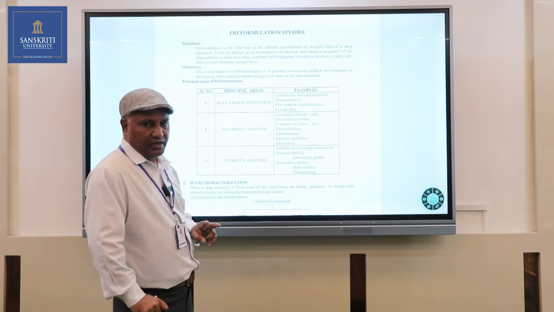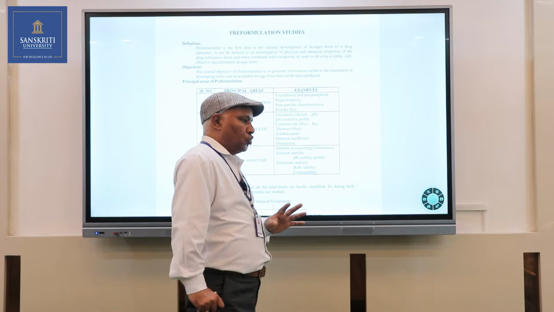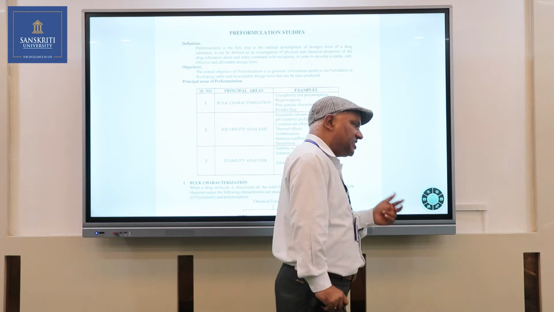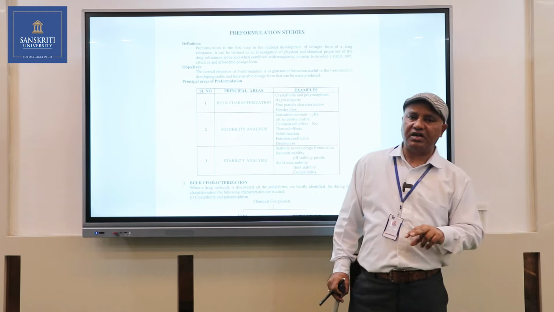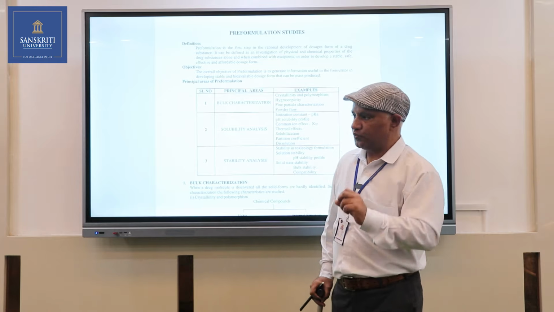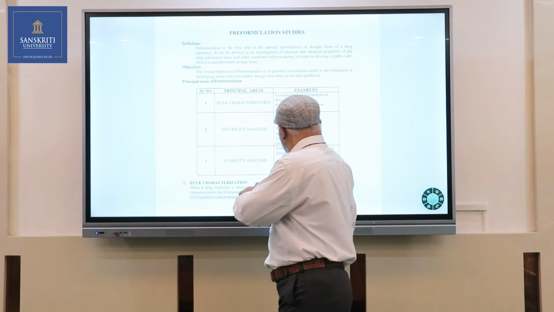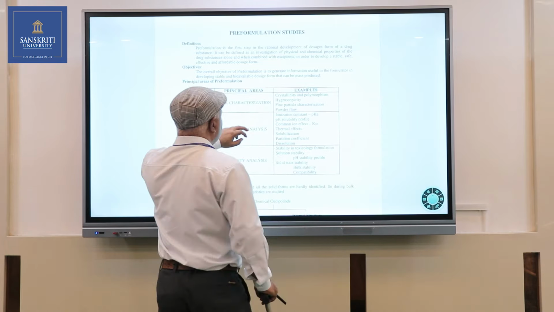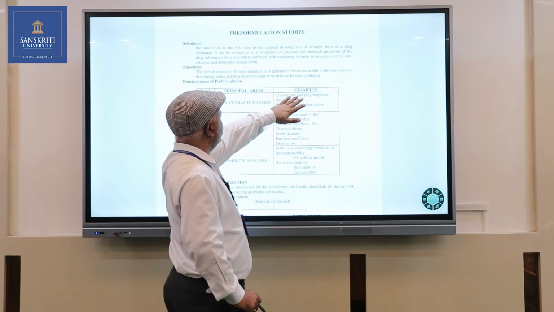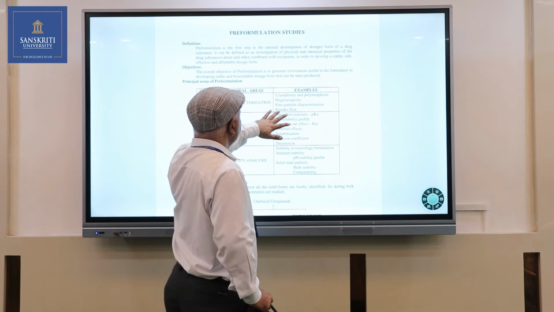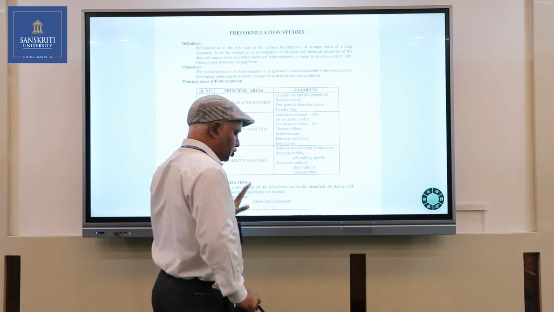there will be some sort of interaction between the drug and polymer. And you also know that drugs are either present in the crystalline form or are available in the amorphous form. Here we will discuss crystallinity and polymorphism in later stages, but I will give you some idea about the crystallinity and amorphism of the drug also.